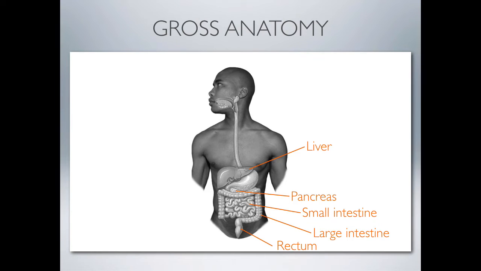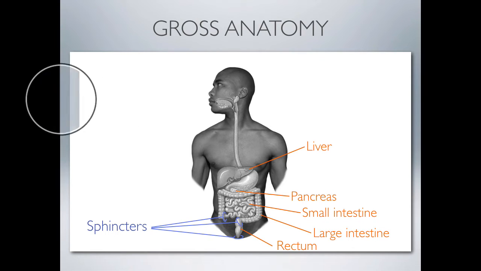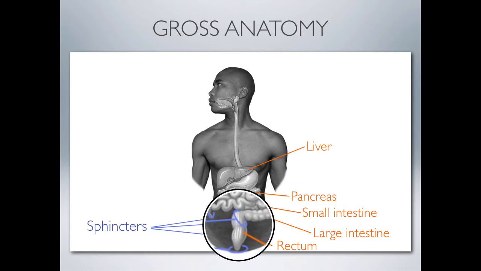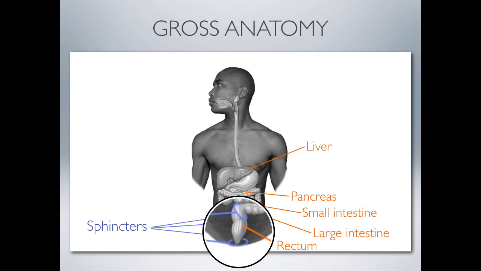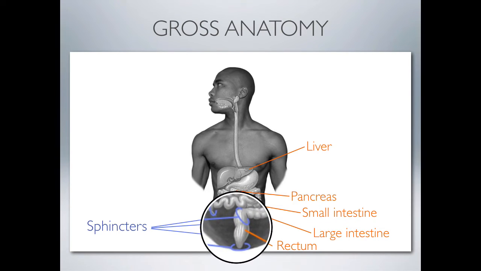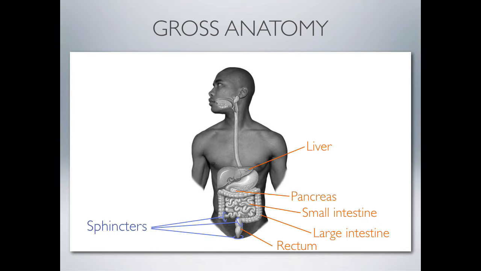And in between all of these passageways are more sphincters, more smooth muscle closures. And in the case of the rectum, you actually have skeletal muscles. So sphincters can come both in the variety of smooth muscles and skeletal muscles. And we like skeletal muscles because we can control them.